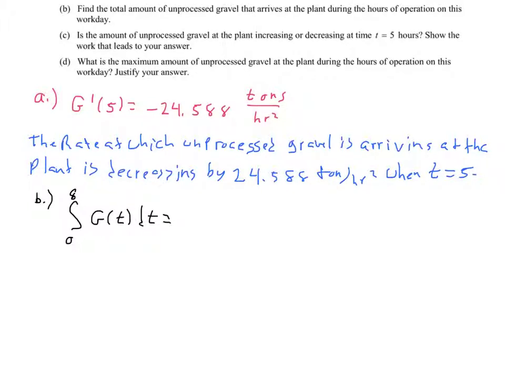And again, since we've already plugged it into y1, we can now just call up y1 as opposed to having to type out that lengthy function. Okay, so that many tons arrive at the plant during those 8 hours.